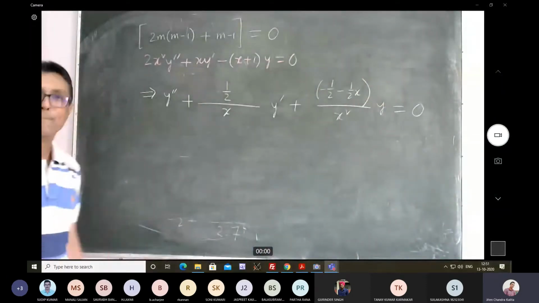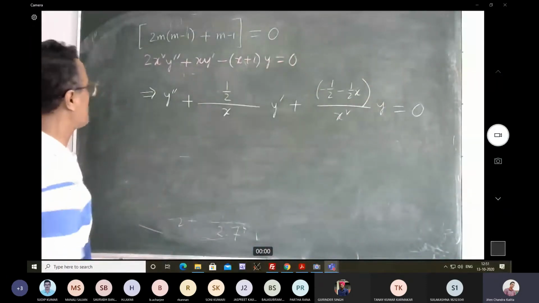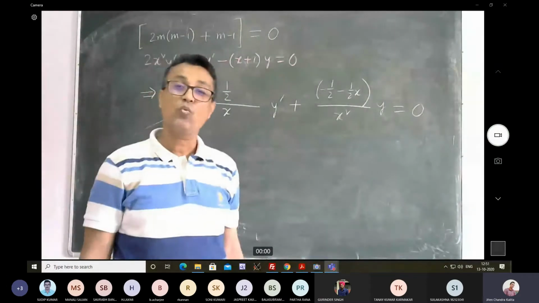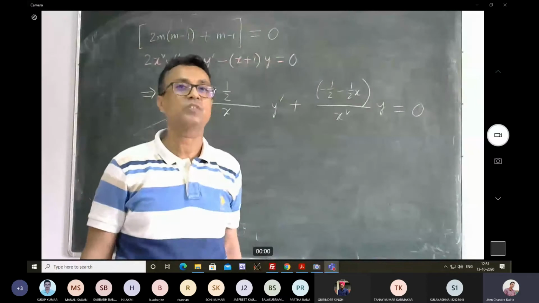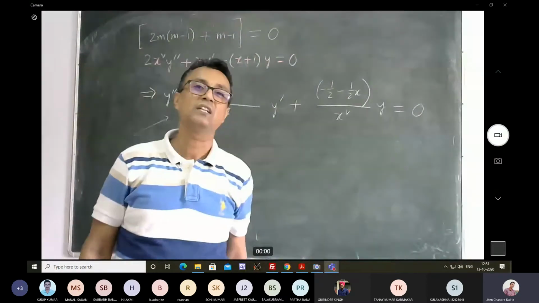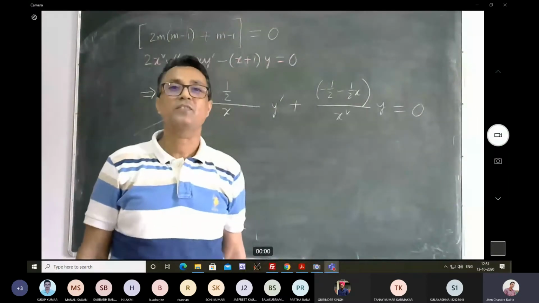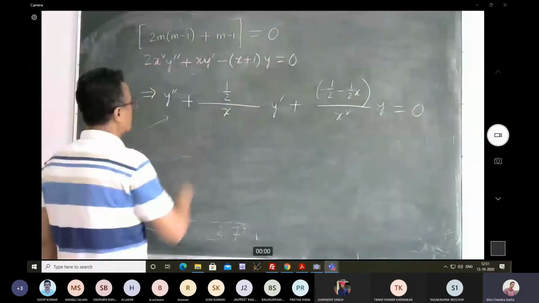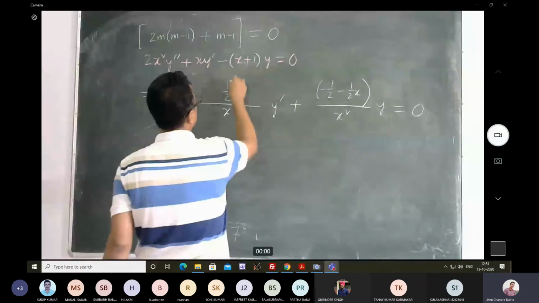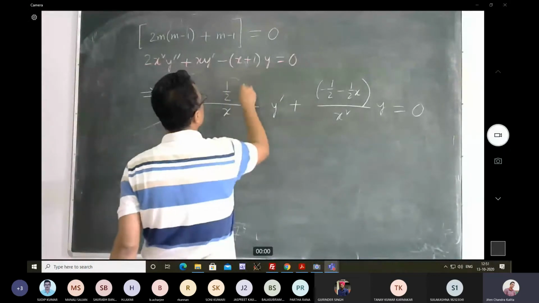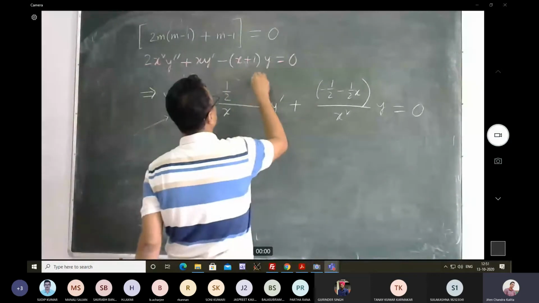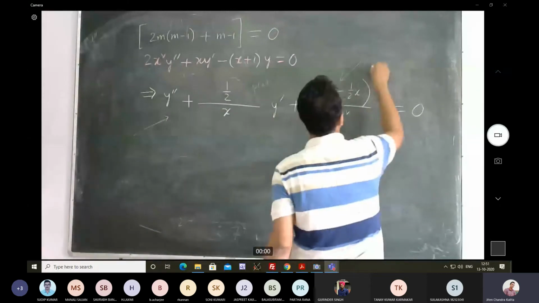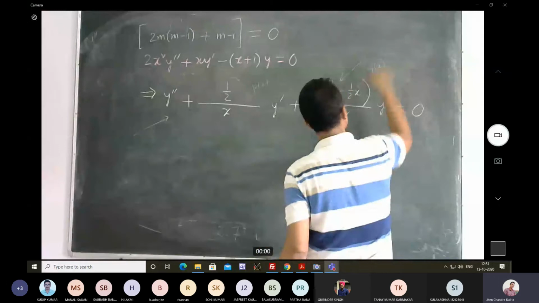Okay, fine. So now what you have to do is compare this with when I tried to explain the rationale behind choosing a Frobenius series as your solution of the given differential equation. Over there, we expressed this as, say, small p(x), and this as small q(x), each as an infinite series.